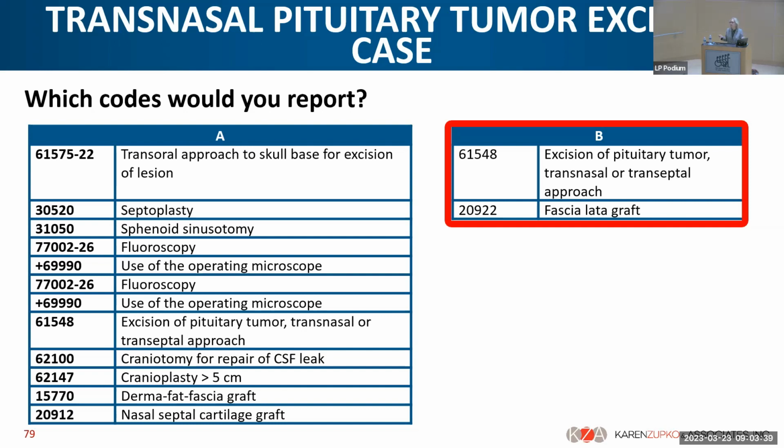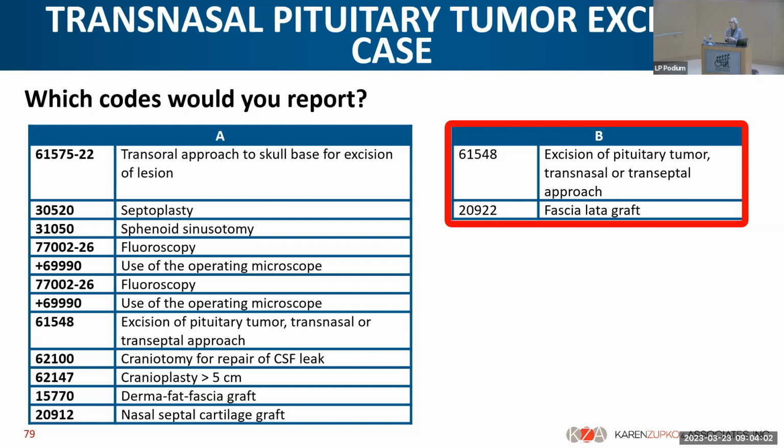That includes everything you and I do. The endoscope to get me there, I go in and do the resection, and then you repair the septum. Once we leave, all of that's included and valued in this very lowly valued code, but nevertheless, it's all valued in 61548. So the only thing that would be appropriate to bill is that code.